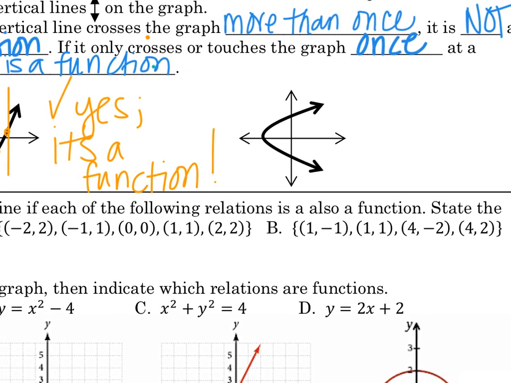But look at this one over here, very similar to the one we just graphed on the other side. If I draw vertical lines, notice they cross twice. Each one crosses that graph more than once. No, not a function.